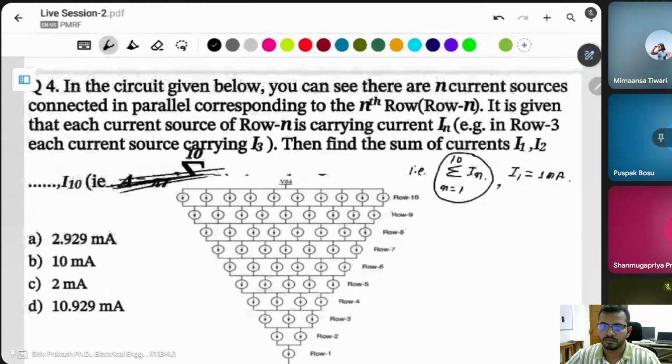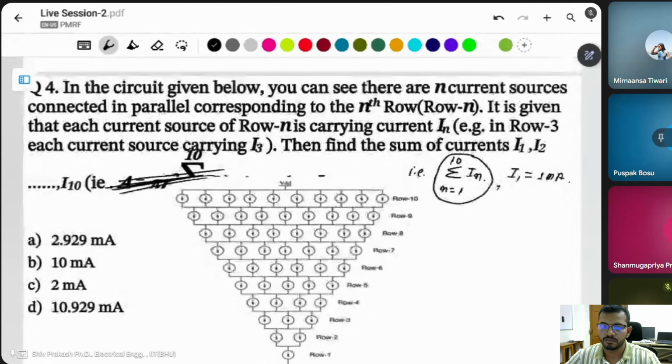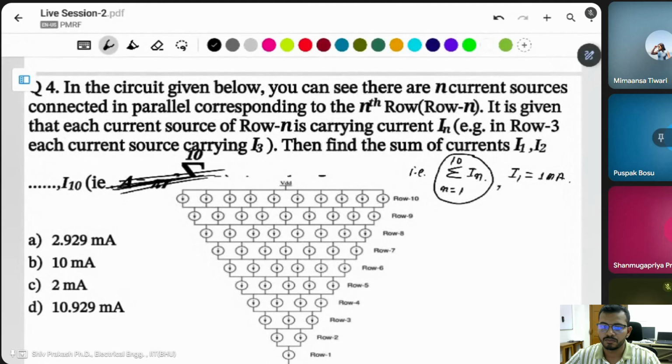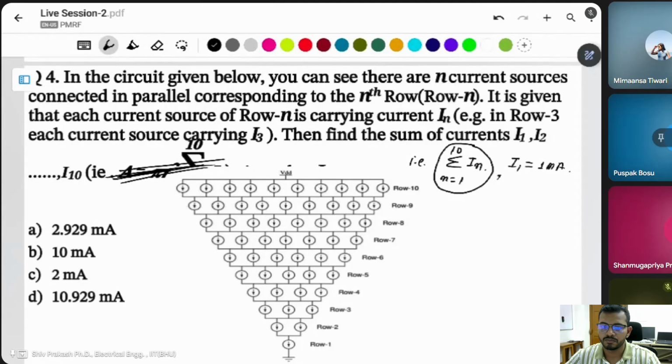Then see what the question is asking. In the circuit given below, you can see there are n current sources connected in parallel corresponding to the nth row. It is given that each current source of row n is carrying the current I_n. For example, in the third row, each current source is carrying I3.